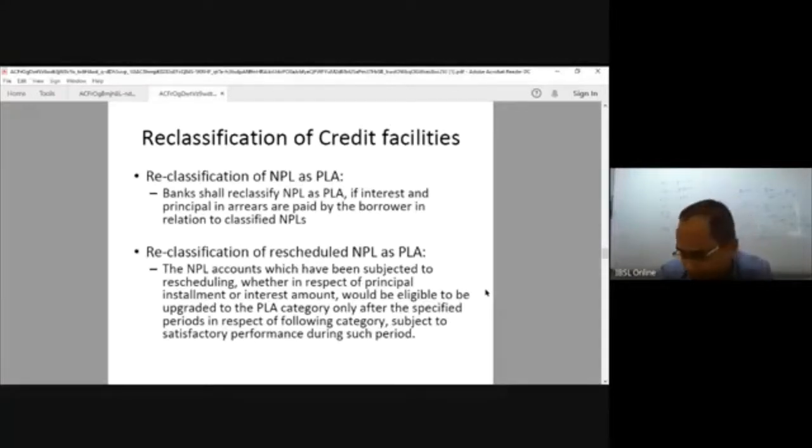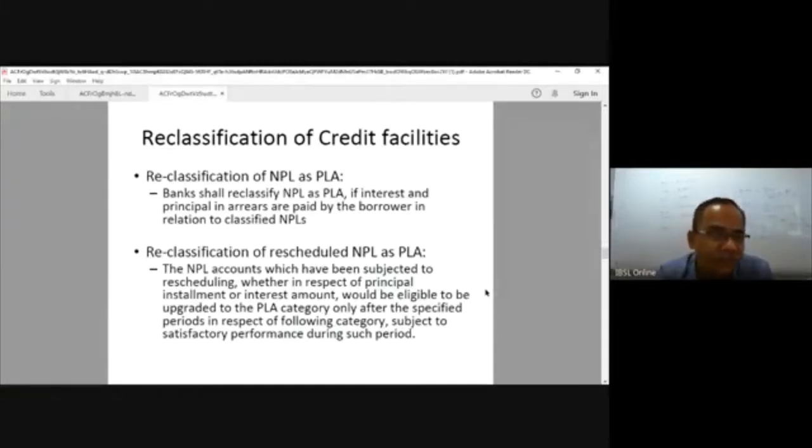So moratorium has been given so that the quality of our loan book we will be able to see only after the moratorium period is over. What is the quality like? If the customers have not paid, then you have to classify that.